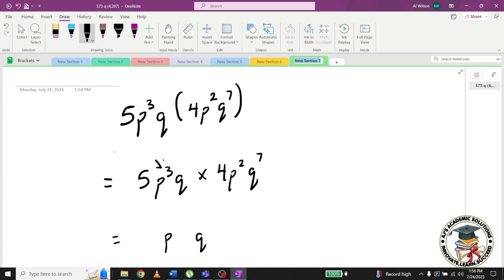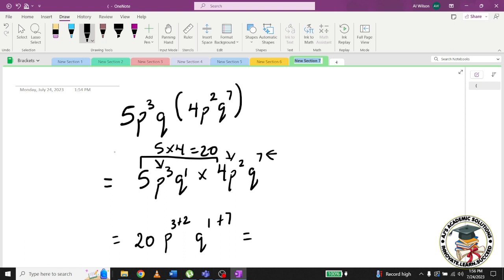For p, what we have is 3 and 2, so 3 plus 2. And for q, notice we don't have a power, so it's 1 plus, notice the power is 7, 1 plus 7. Now our coefficients, 5 times 4, which is 20. So here is 20, giving us our final answer to be 20p to the 5th q to the 8th.